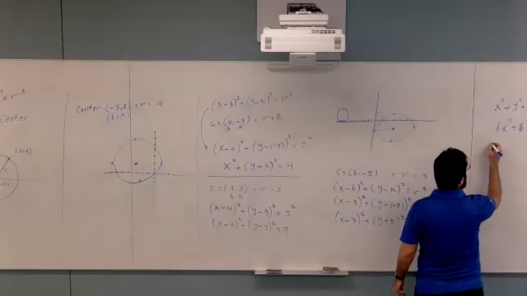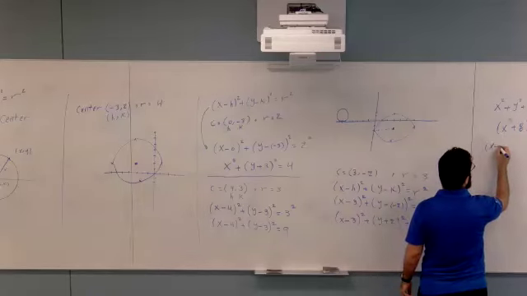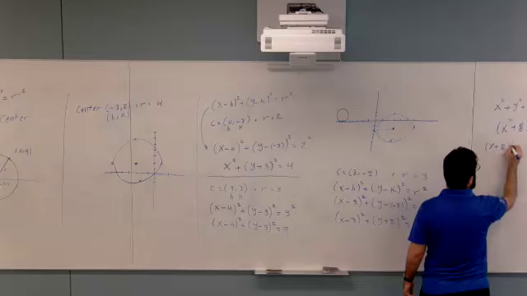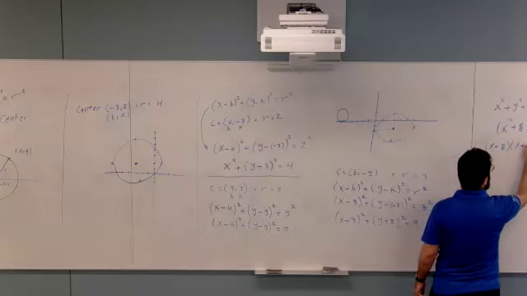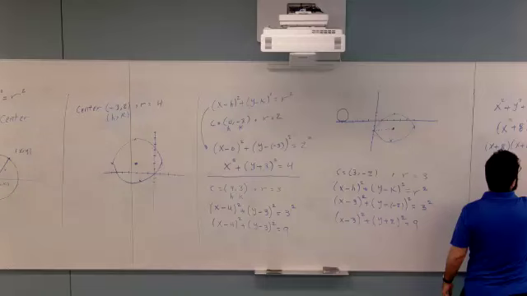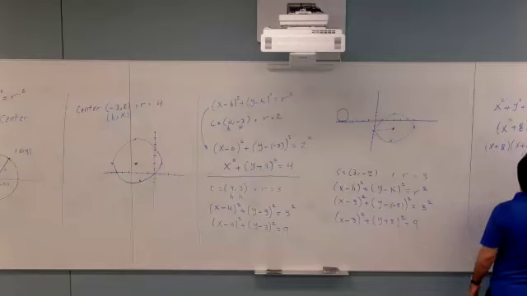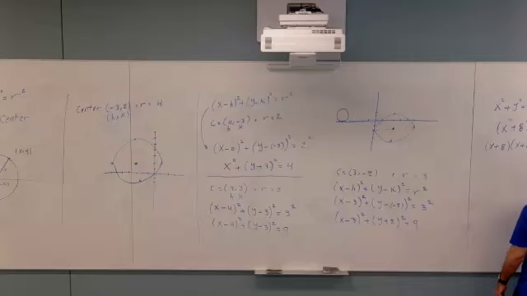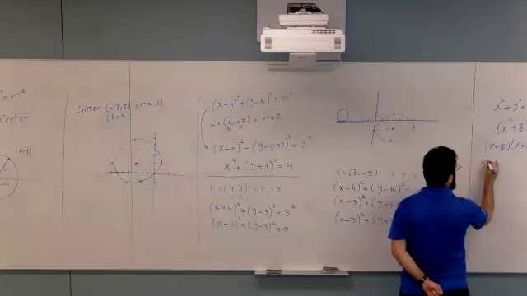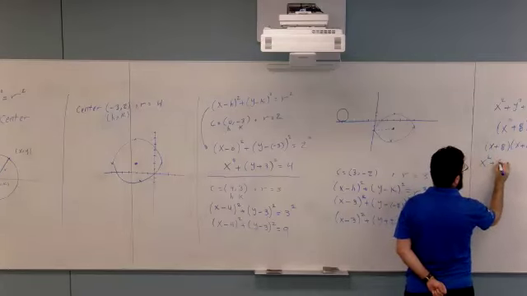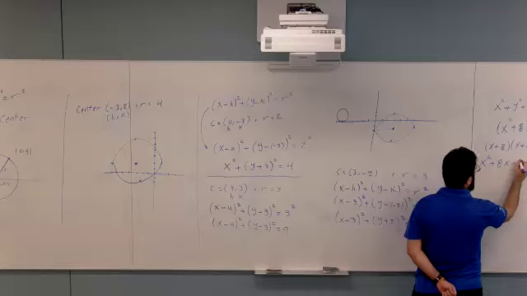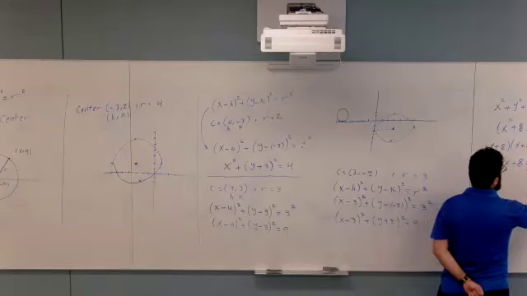I'm going to FOIL this one, I always write it down like this, plus I'm going to FOIL this one, equals 25. x times x, x squared, plus 8x plus 8x plus 64. Is that okay?